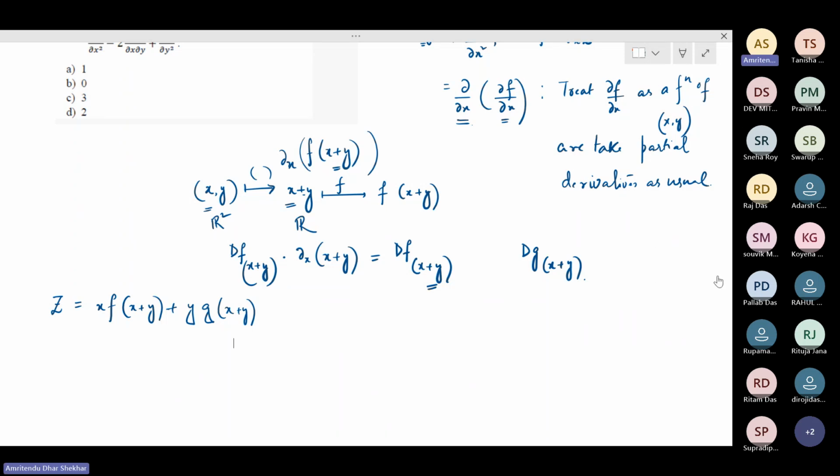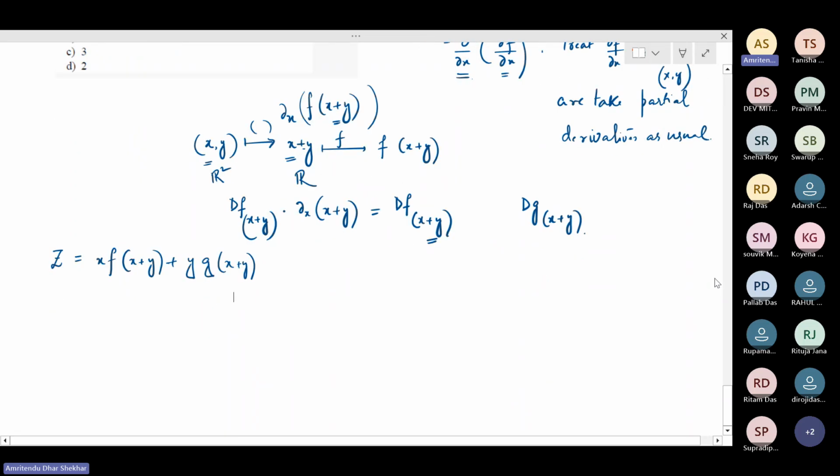The Leibniz rule applies to the partial derivative as well. Partial derivatives behave very similar to your ordinary derivatives of one variable. So you can apply the Leibniz rule.